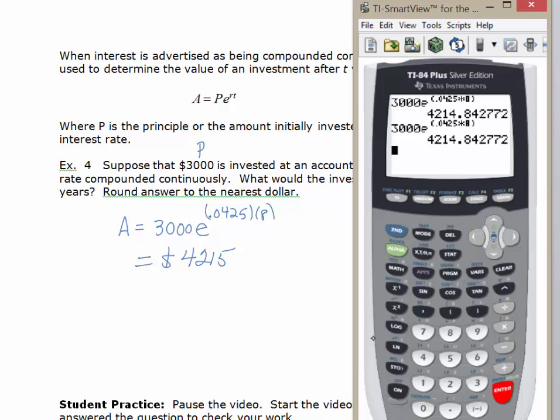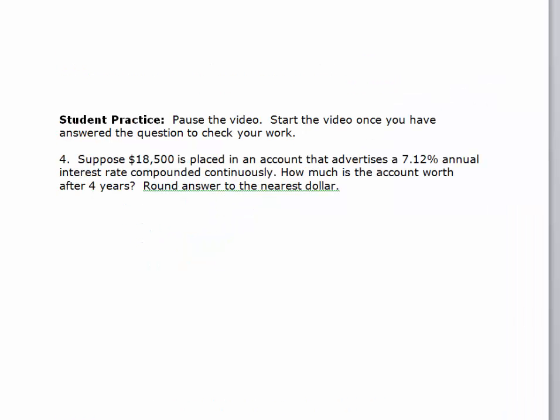So what I'd like you to do is pause the video and try one of these problems on your own. Here we have $18,500 to be placed in an account that advertises a 7.12% annual interest rate compounded continually. How much is the account worth after 4 years? So this is a compounded interest problem.